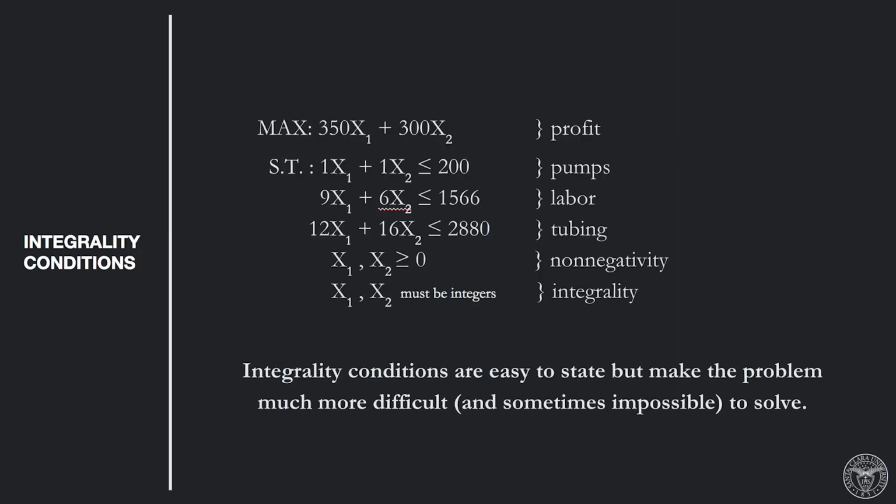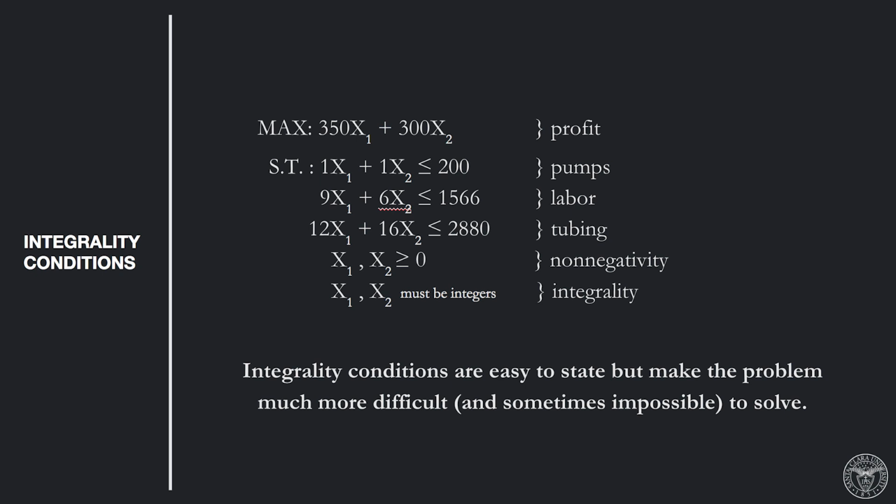Let us try to revisit the hot tub problem. In the hot tub case, we are going to maximize 350 x1 plus 300 x2 subject to three constraints: x1 plus x2 less than or equal to 200, 9x1 plus 6x2 less than or equal to 1566, 12x1 plus 16x2 less than or equal to 2880.